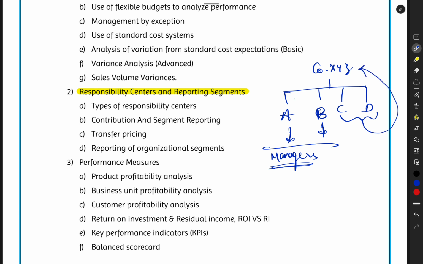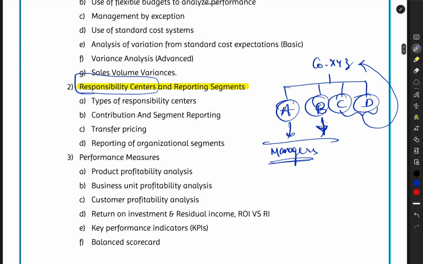Now in this case, all these 4 are different reportable segments, as in all these 4 are different entities, they are separately reported, but A and B are separate responsibility centers.